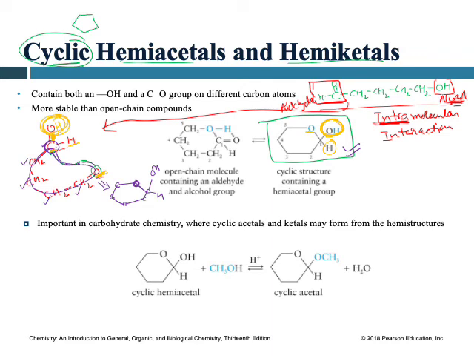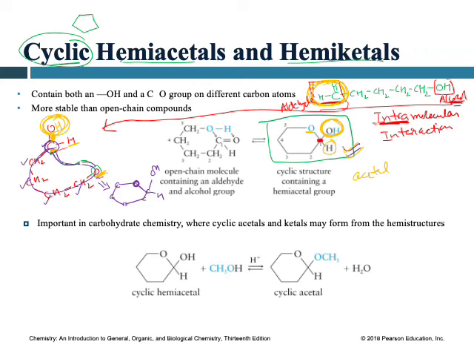So how would you know whether this cyclic structure is a hemiketal or hemiacetal? Because we started with an aldehyde, so that means it has to be an acetal, but we have to look whether it's complete acetal or hemiacetal. How would you know that? We have to see the carbon.